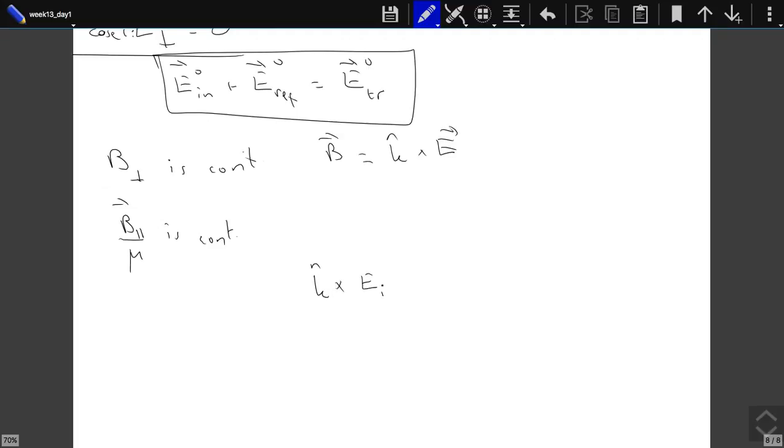K hat cross E incident minus k hat cross E reflected, take the perpendicular component. This should be equal to k hat cross E transmitted, take the perpendicular component.